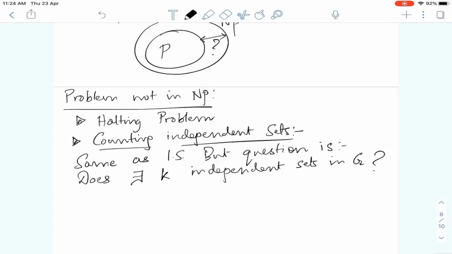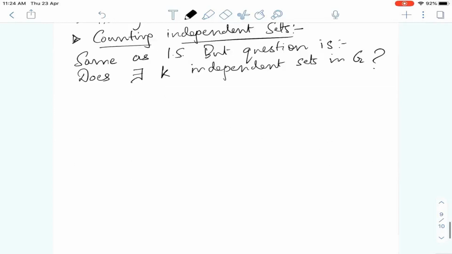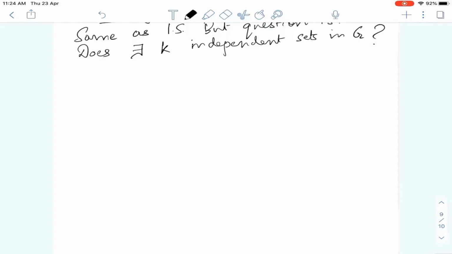Good. That brings us to the notion of NP hardness. So what is NP hard? Yes, Lakshya, that's correct.